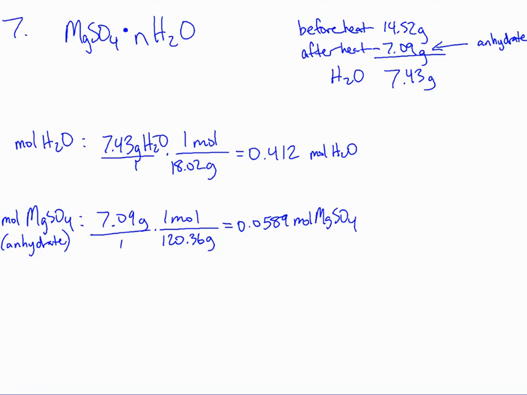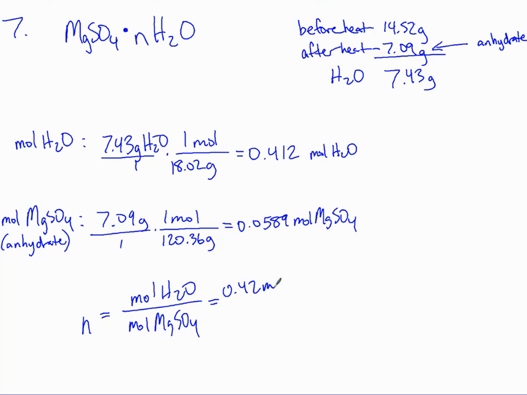Then, when we want to figure out how much water is there, the ratio here is the ratio between water and this. So what we do is, I'll put N equals moles of water over moles of MgSO4. These numbers that we just found.